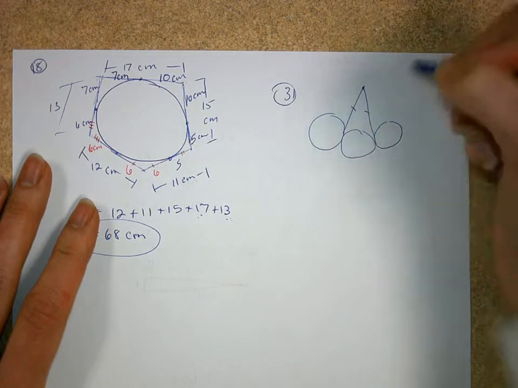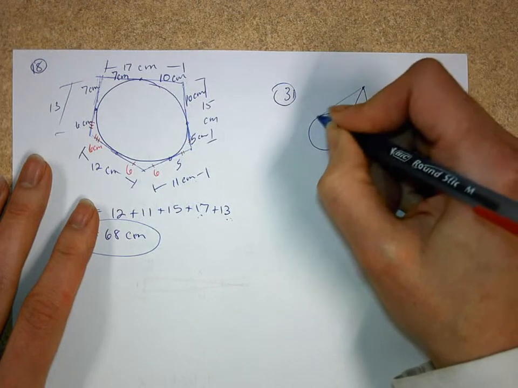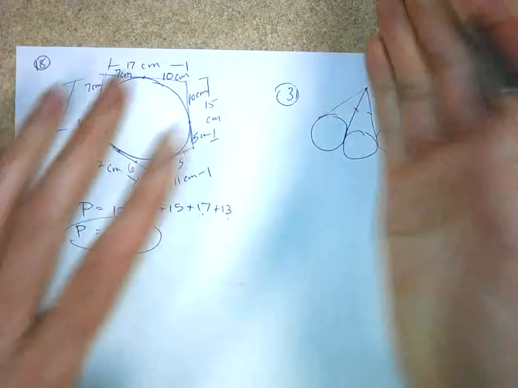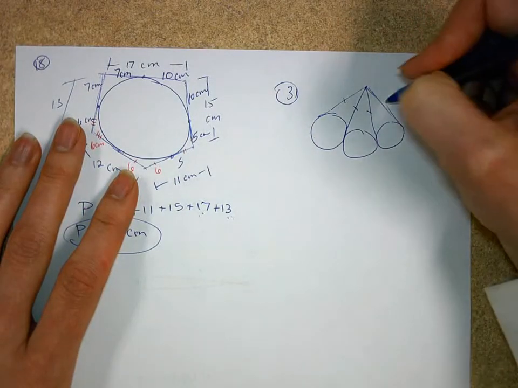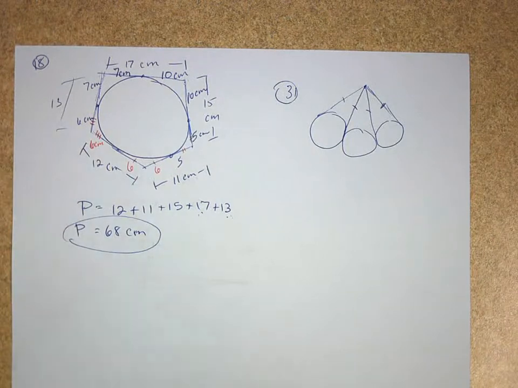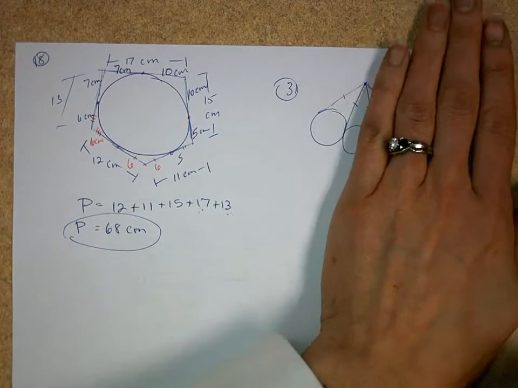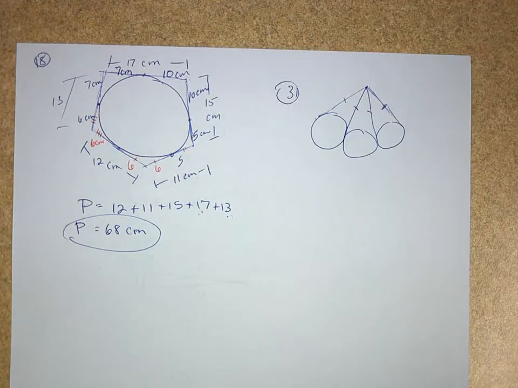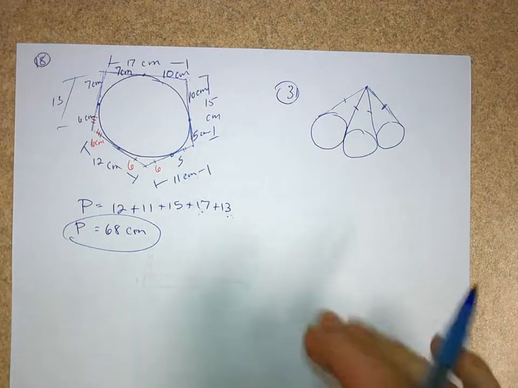Well, we know those two are the same because they're both touching this triangle, but I also know that if I look at that exterior point to this circle, they're the same, and by the transitive property, we can actually prove all 4 the same. They're just using the idea that if any 2 segments are tangent from the same exterior point, they're going to be congruent to each other. So that's the reasoning behind it. There's more reasoning, you have to write it down, but that's the concept behind it.